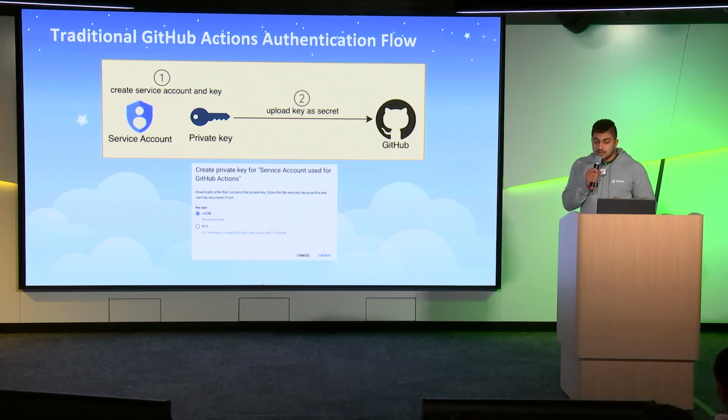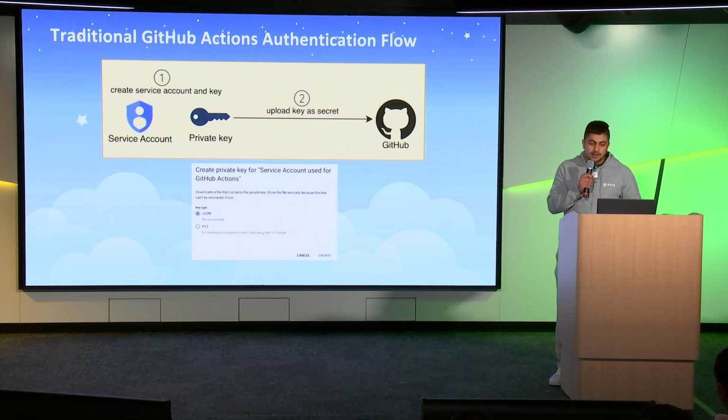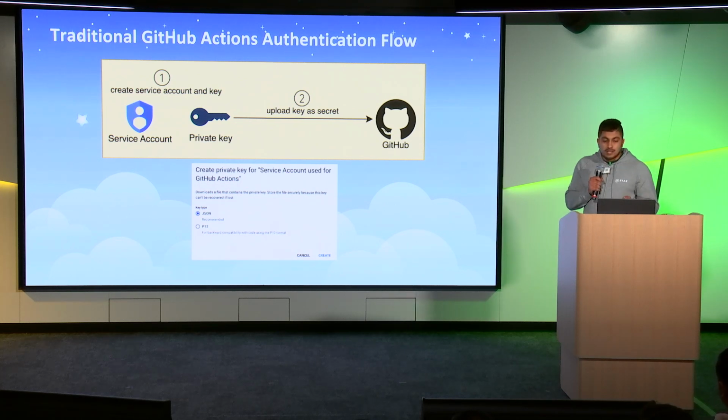As you can see, this creates a secrets management problem, because every time we create that key, we need to duplicate that key into GitHub as a secret. There's also a risk of these secrets being leaked because of that. And finally, if there are organization level policies applied, like disable service account key creation, for example, you're then no longer allowed to create a service account private key, which then hinders developer productivity.